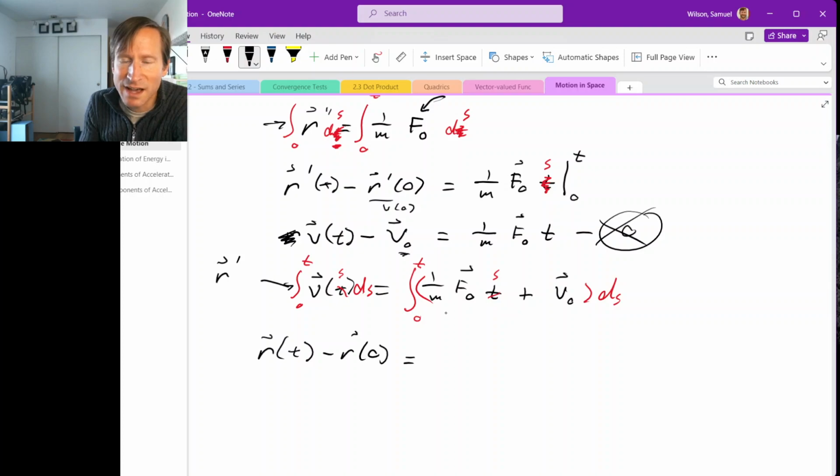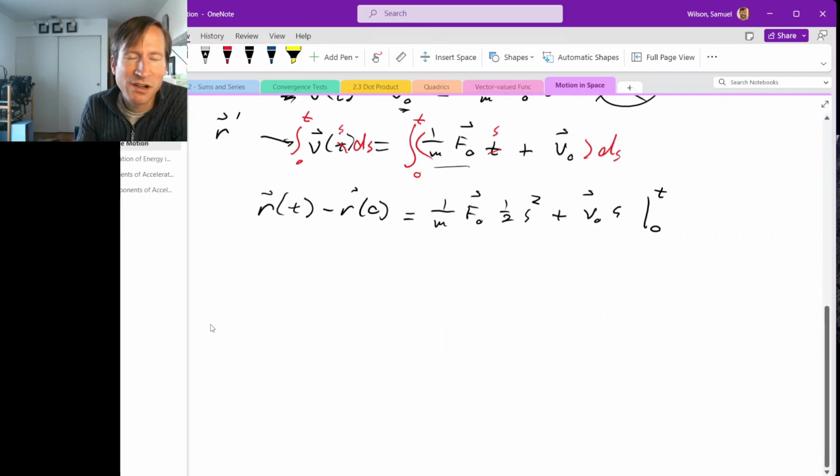On the right-hand side, these constants we can move outside. Notice we can even move the vector constant outside. So this is 1 over m times f sub 0, and then 1/2 s squared plus v sub 0 times s, and then we're going to evaluate this at 0 and at t.